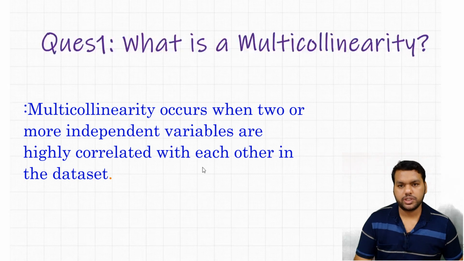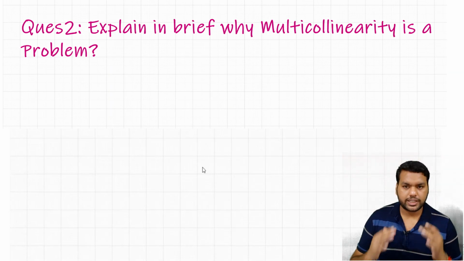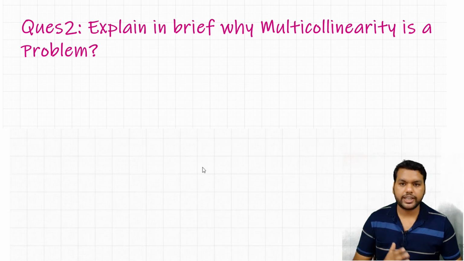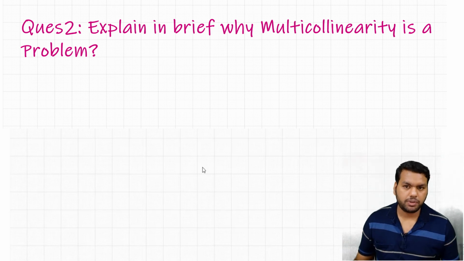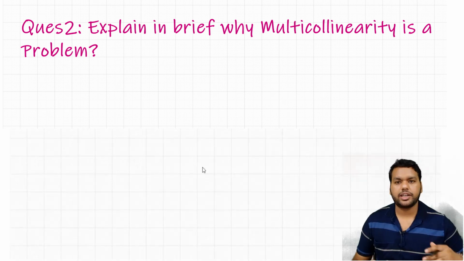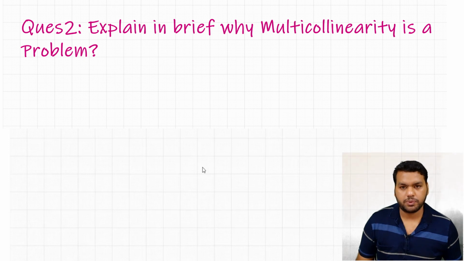So now let's move to the next question. The next question is, can you explain briefly why multicollinearity is a problem? Actually, multicollinearity is not a problem if our ultimate aim is to get predictions from the model. Why?